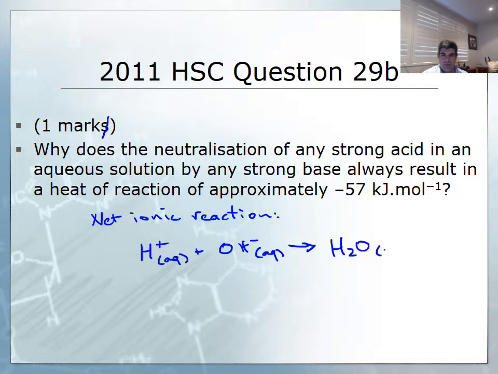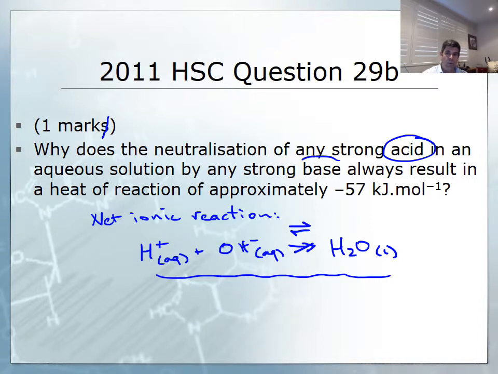In fact, we also know that this is an equilibrium, so you could even draw this as an equilibrium arrow if you wish. This is the net ionic reaction, and it doesn't matter which type of acid you use or which type of base you use, because the anion part of the acid and the cation part of the base are spectators.